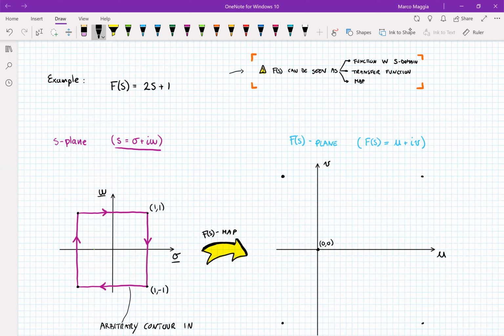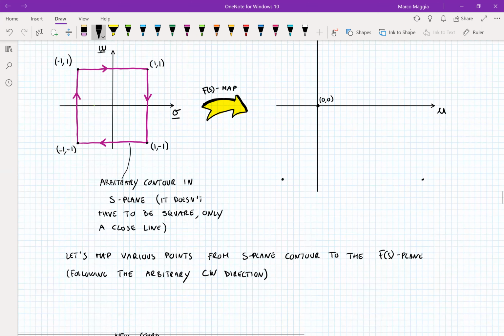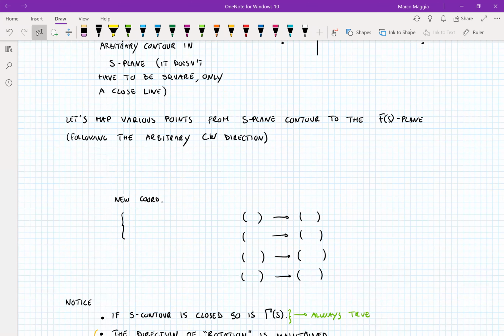So what we can do is map the vertices of the square and see where they end up being once we map them with f of s equals 2s plus 1. So what does that mean? It means we have to find new coordinates. It's easier to see than to explain, perhaps. So f of s is 2s plus 1, but s is sigma plus I omega.